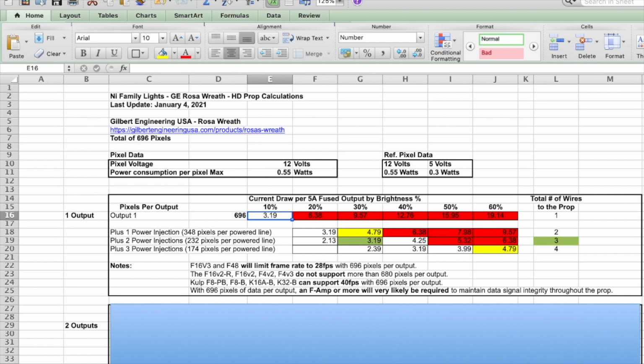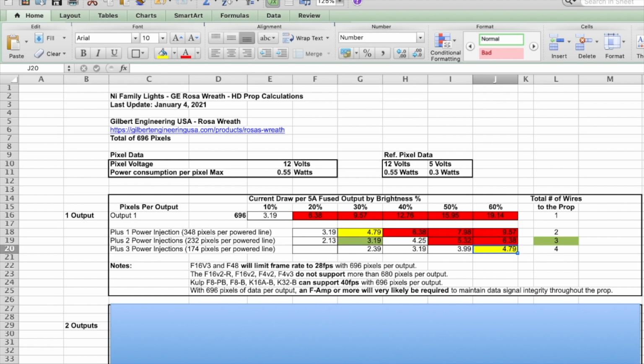I show here one power injection line is safe at 20%, marginal at 30%. 2 power injection lines is safe up to 40%, and 3 power injection lines are safe up to a bit marginal at 60%.